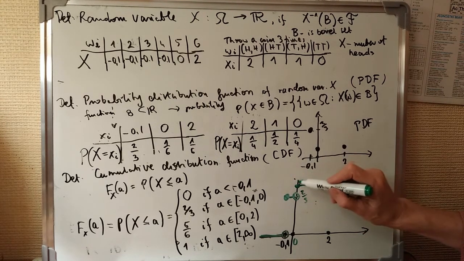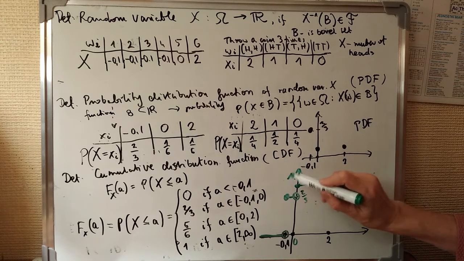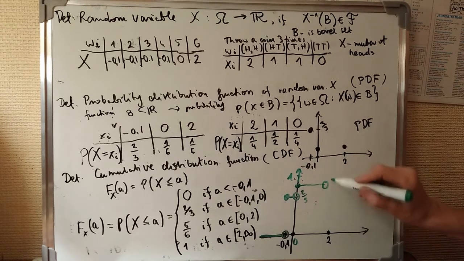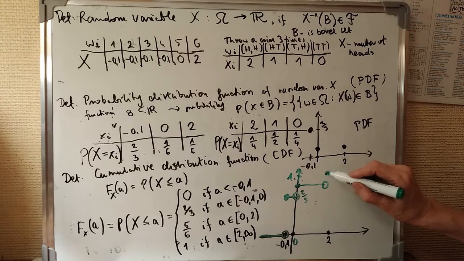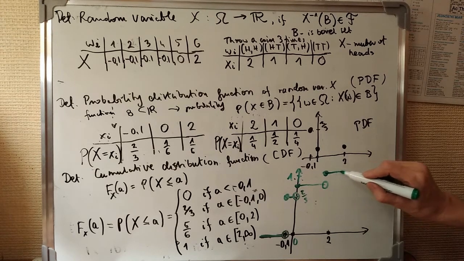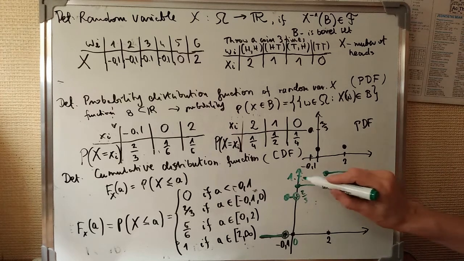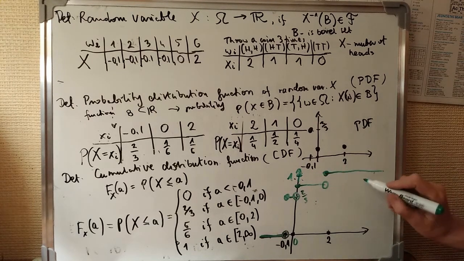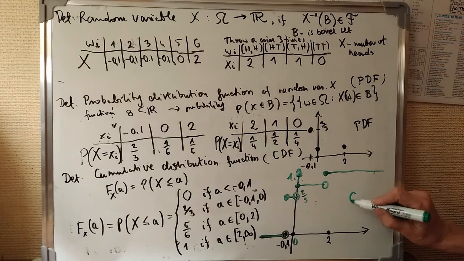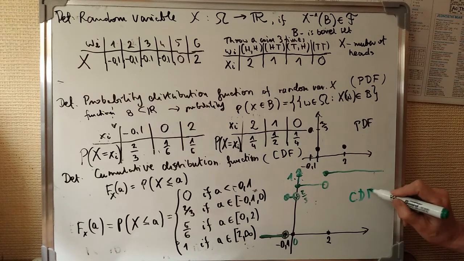And from 2 to infinity it is exactly 1. Okay, so this is the cumulative distribution function.